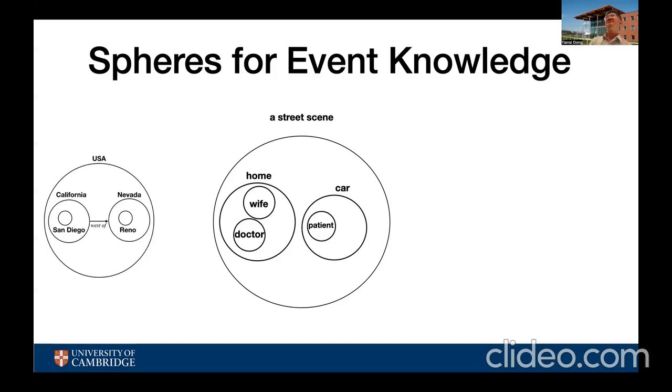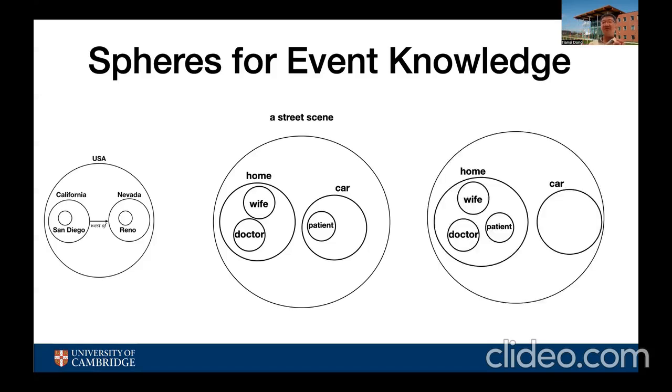If this is a starting point, a snapshot view of an event, we would understand this is the event of the patient visiting a doctor. So we will expect the outcome, the next step of this event, is the patient will leave the car and move inside into the home of the doctor.